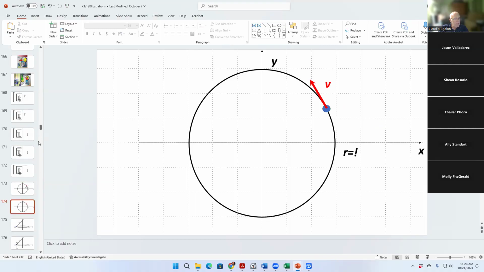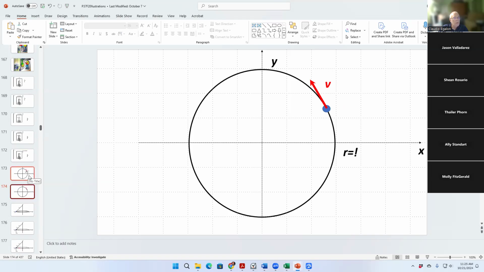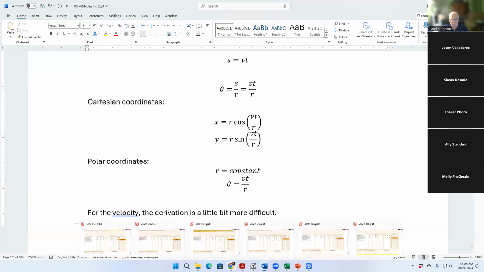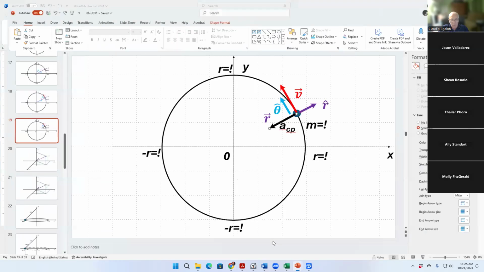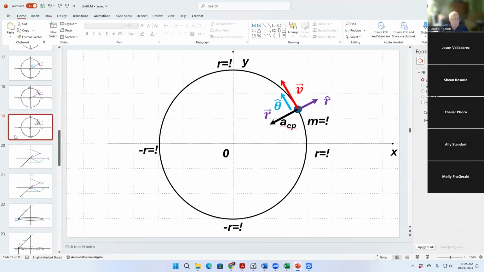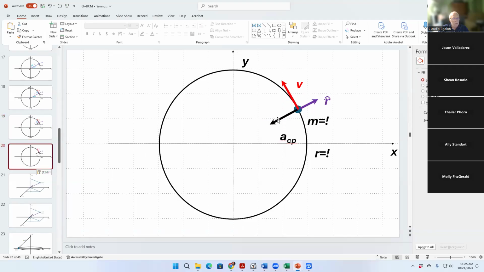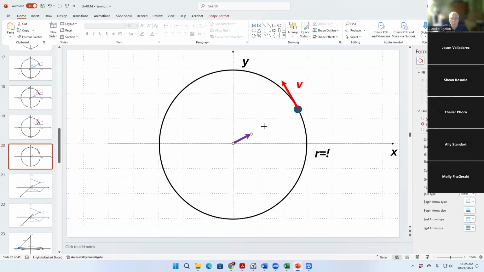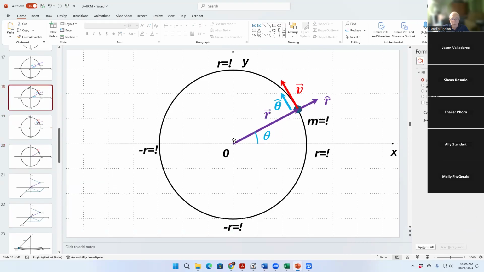The only thing I'm going to put back there, let's see here. Let's get my angle theta here.